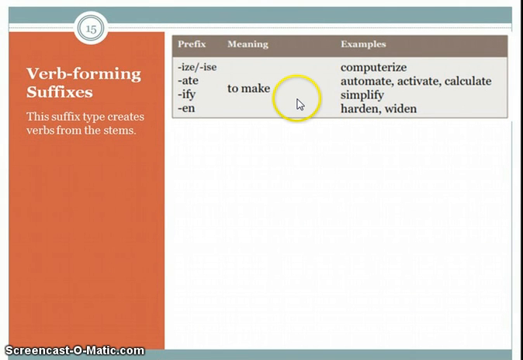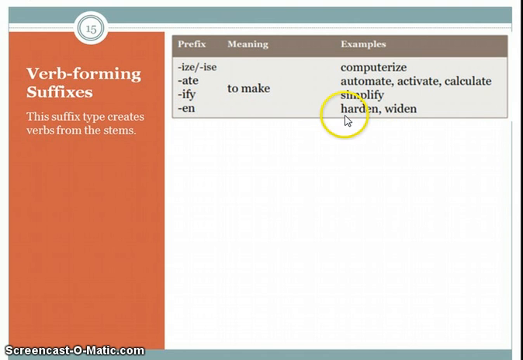We can also have suffixes that turn words into verbs. And again here, that should say suffix up there. Copy paste mistake, it happens. So we have computer, computerize. Automate, activate, calculate. Phi, simplify, exemplify.